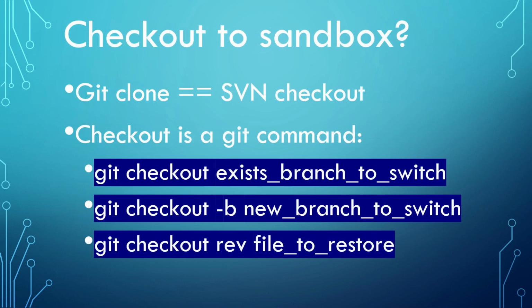After we have clarified the difference between fork and clone, you may have another question if you have used CVS or SVN before. Why don't we call the process of cloning a repository, like in the old days, checking out a repository into a sandbox?